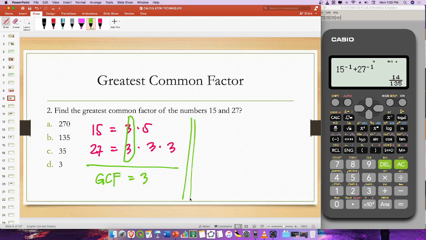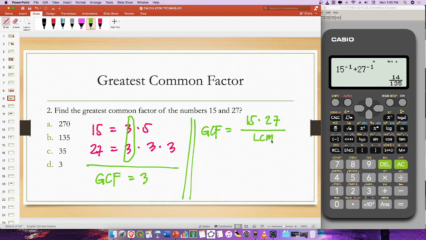Alright, there's another way of solving the GCF, or the greatest common factor. To solve for the GCF, just multiply the numbers. In this case, I will multiply 15 and 27, and then divide the product by the LCM.